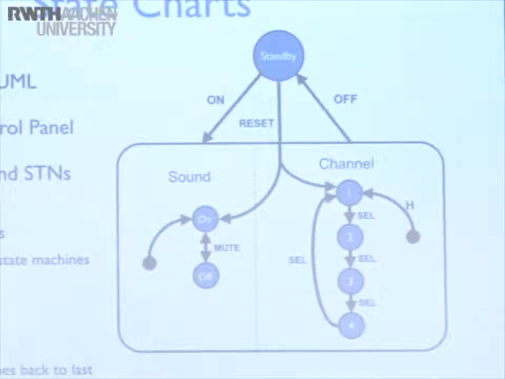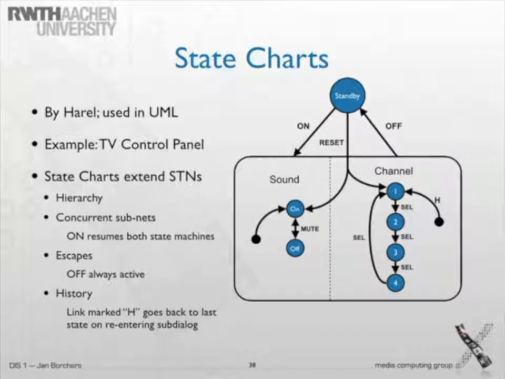So it will go back to, for example, channel 3 if that was what you were watching, which is kind of a nice user interface thing. If you watch TV and turn it off in the evening, you turn it back on in the morning, it still is on the same channel. That makes sense, right? You don't want to go back to channel 1 each time you turn your TV on. So that's explicitly modeled in the state chart: this history marker models the smartness of the TV to remember its channel even when it's turned off.